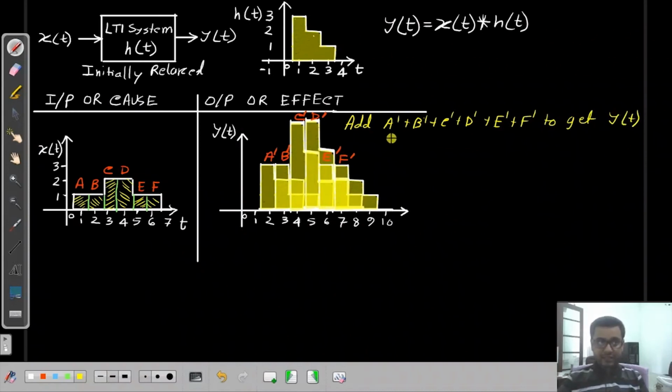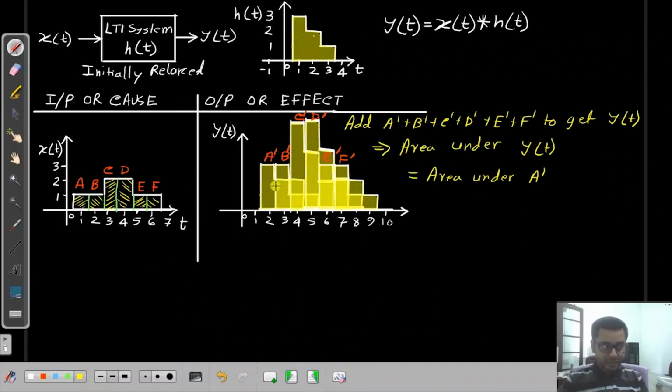So this implies that the area under y(t) will be the sum of the area under A prime, this part of the output, plus the area of B prime, plus up to the area under F prime, all of them. That is the area of Y.